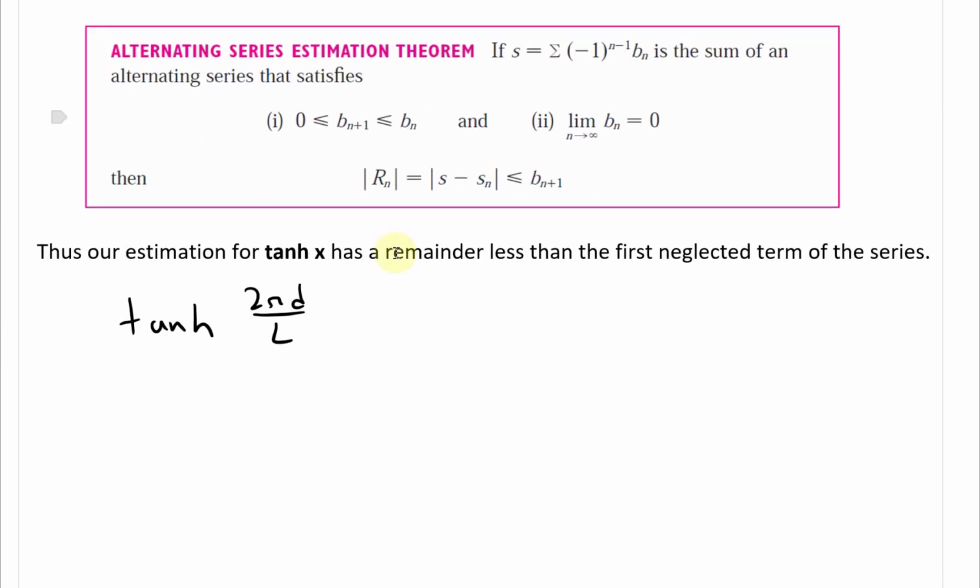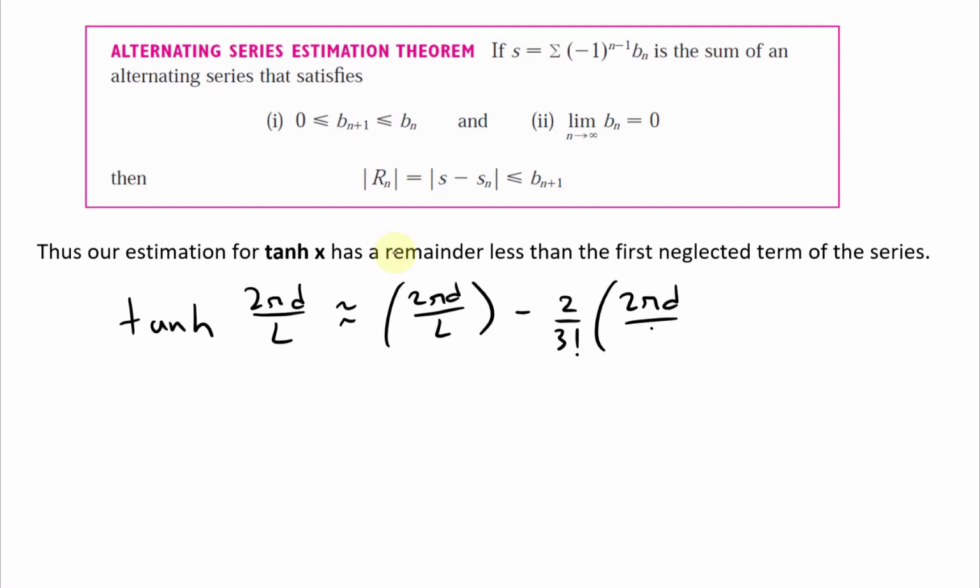So back here, tanh of 2 pi d over L is approximately equal to 2 pi d over L, minus 2 over 3 factorial times 2 pi d over L cubed, plus minus dot dot dot. So it's alternating.